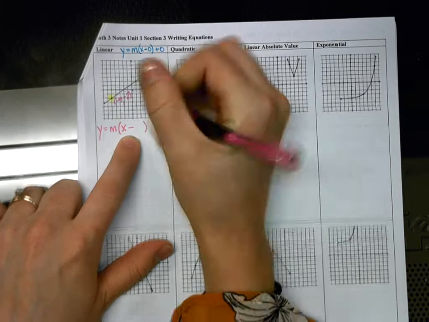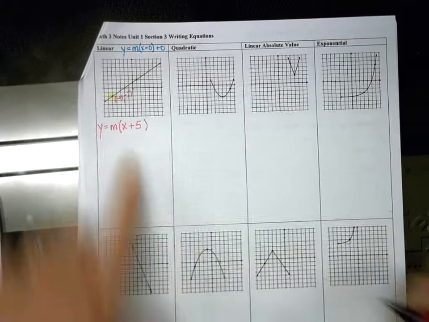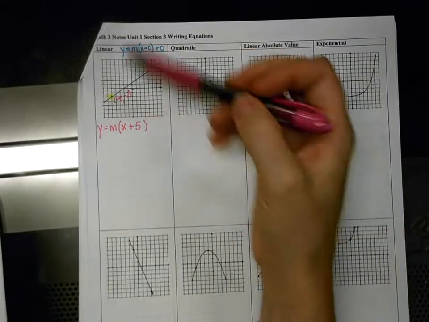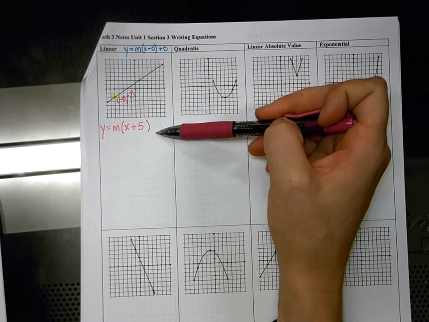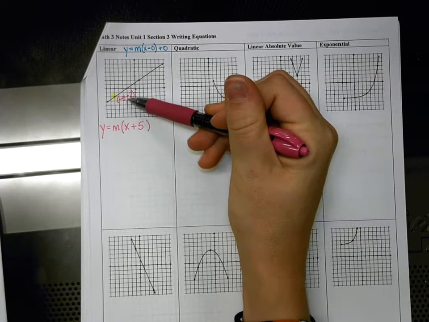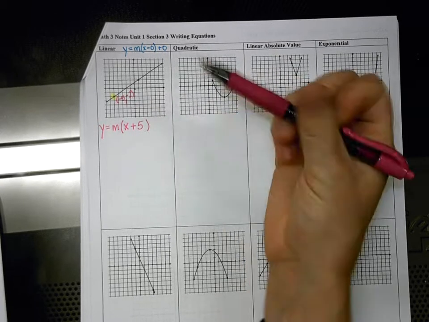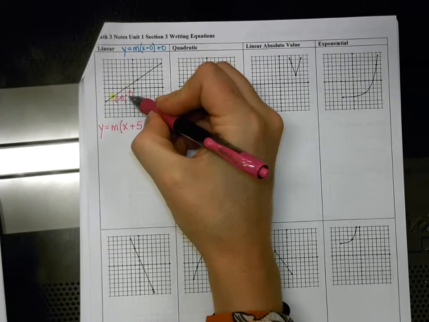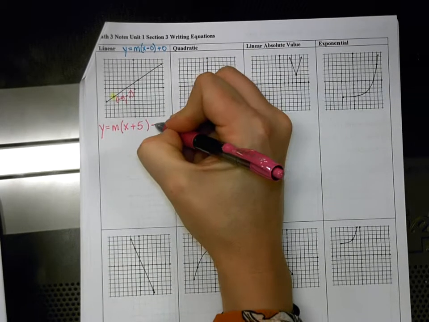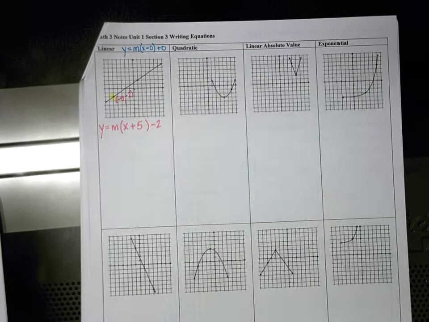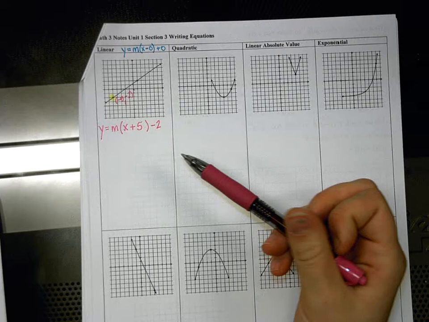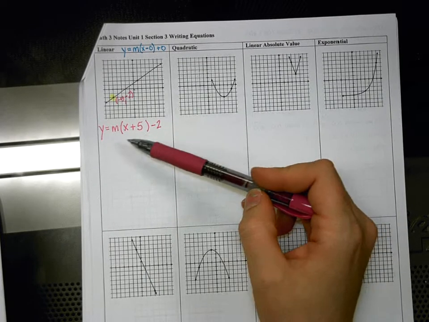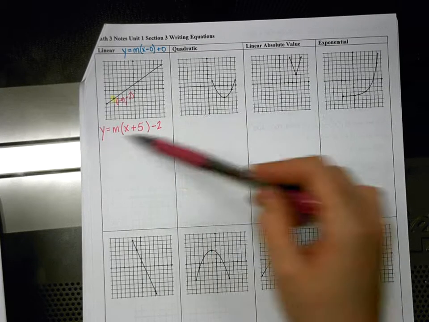Oh, +5, so +5. So remember, we want to know if I plug in that -5 here, I should get 0. Or in other words, these are opposite. And then I'm going down 2, so that is -2.